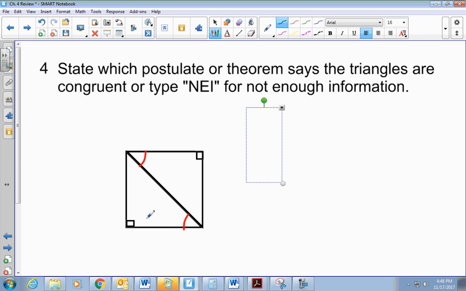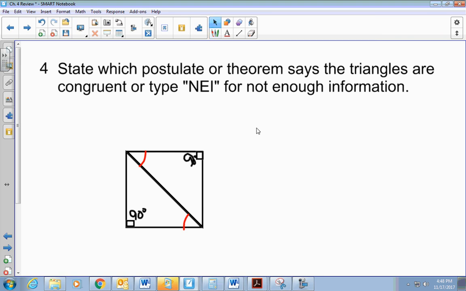We are given that these two angles are perpendicular angles, which means they're 90 degrees. If both angles are 90 degrees, then they're both congruent to themselves. So these two angles are congruent. So let's look at our options. So we got side, side, side, side, angle, angle, angle, side, or angle, side, angle.